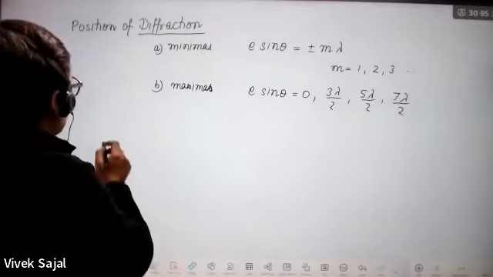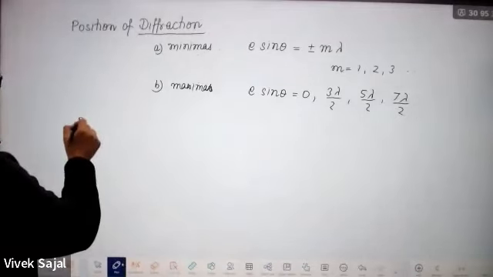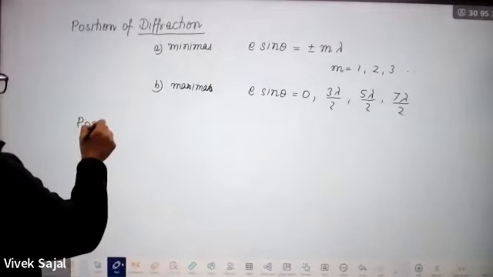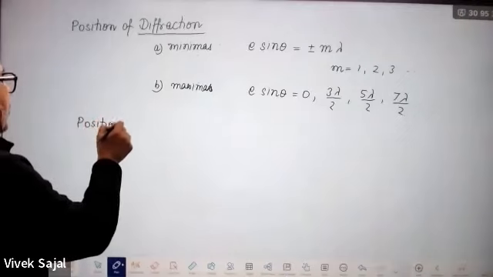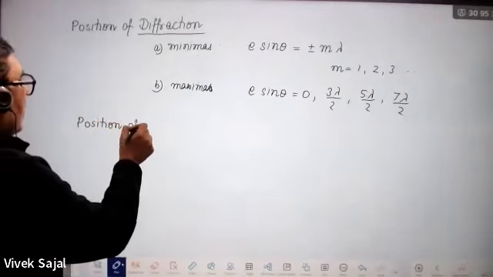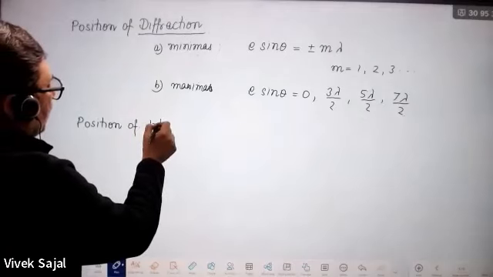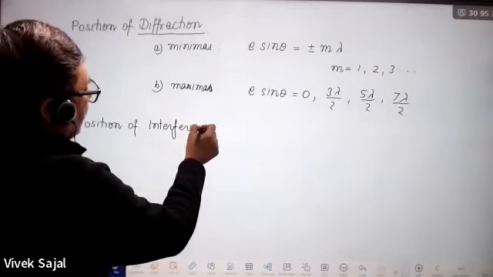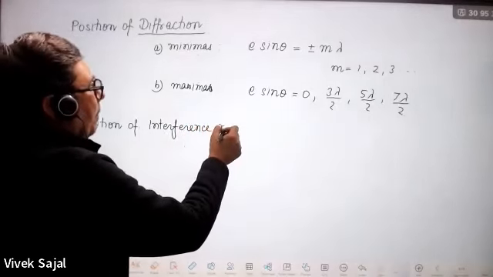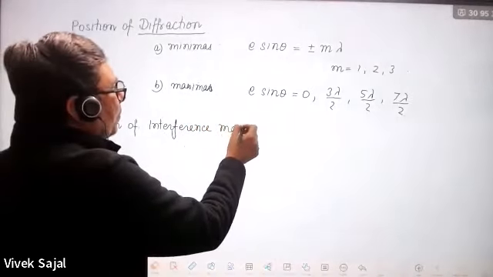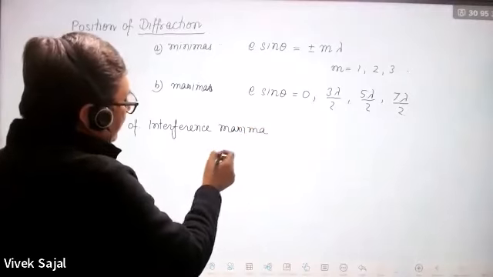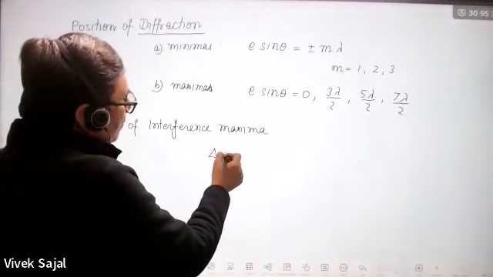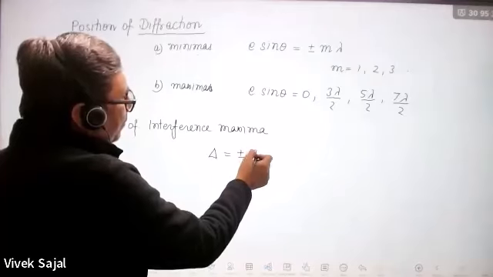Now next, the position of interference maxima. For this, it should be plus minus n lambda.